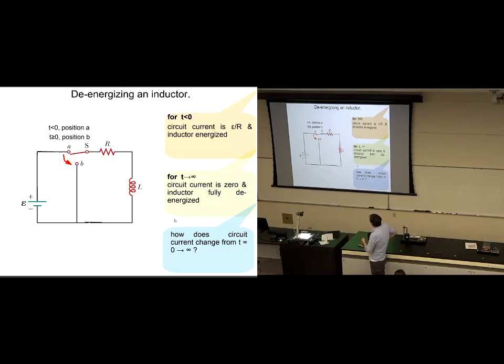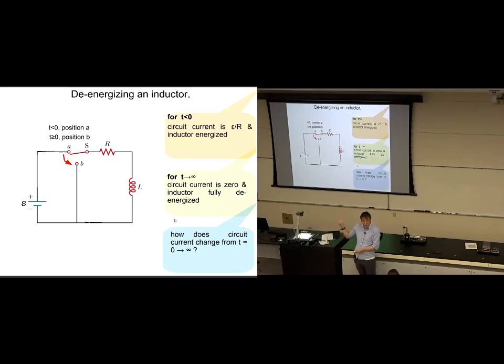Again, it's got our old friend, the battery, which energizes the circuit and the components in the circuit. That battery's initially in series with the inductor and resistor, and our complete circuit is just the circuit we had before: a fully energized inductor with the full current flowing through the resistor and inductor.